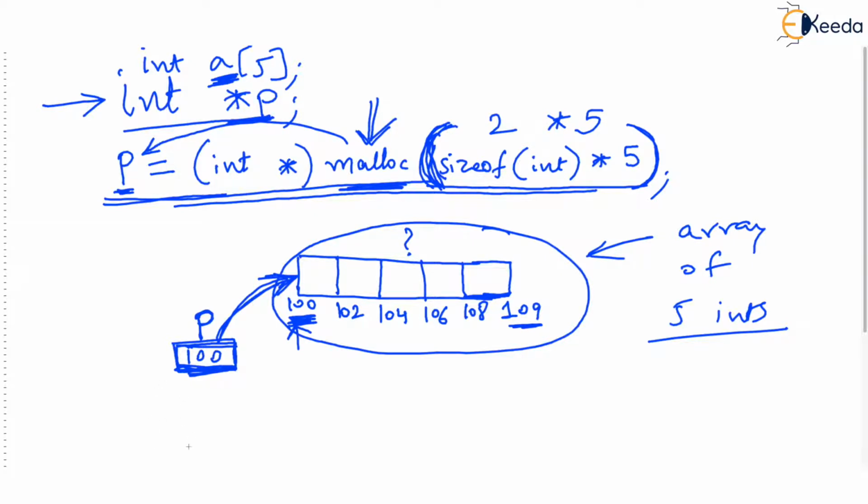Okay, I agree that we have directly seen the code for allocating an array, but I hope you have understood this. What if you needed a float array? Suppose you need a float array. What will you do? What you do is you declare a float pointer. Let's say float pointer w. Now you know that w can point to any float.